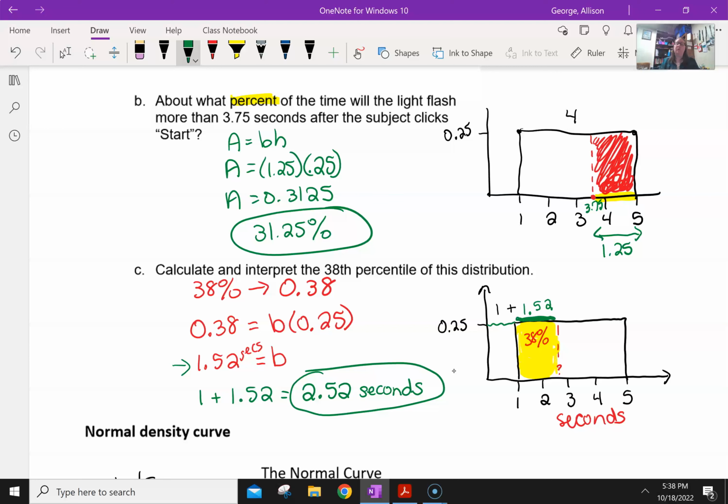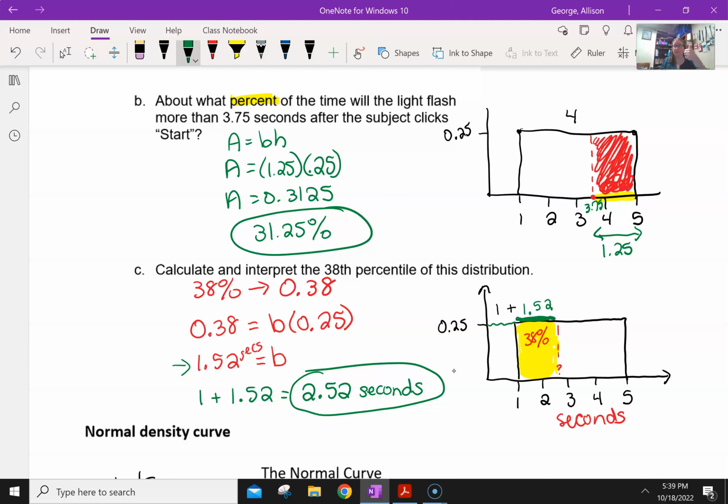If this rectangle was right at the origin, we wouldn't have to add that 1 on the end. But because the rectangle didn't start till 1, the density curve didn't start there, we have to include that to get our total.